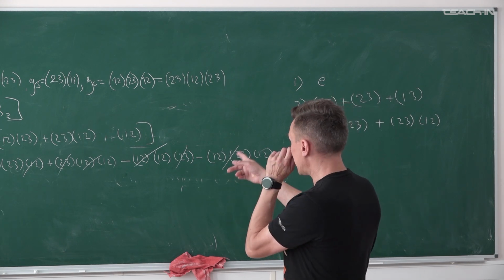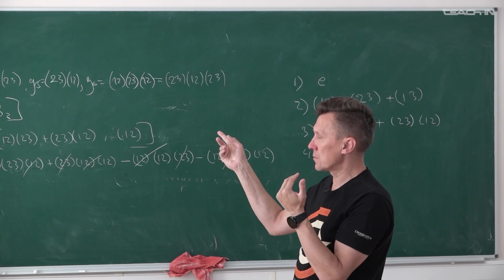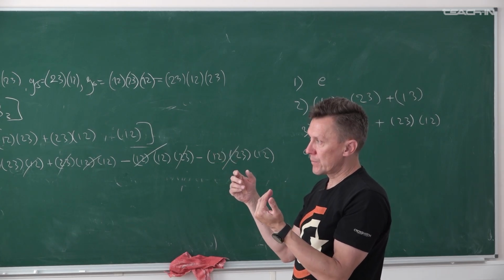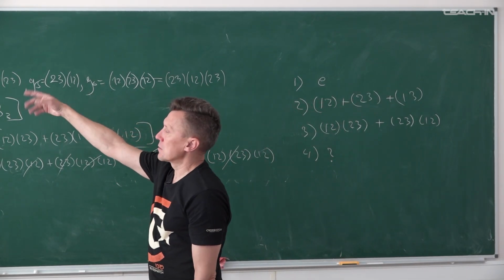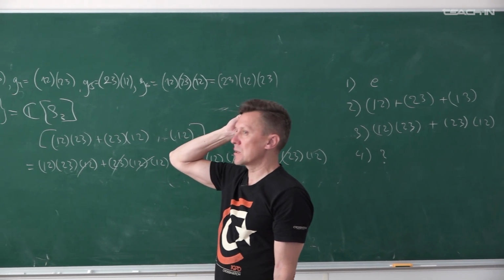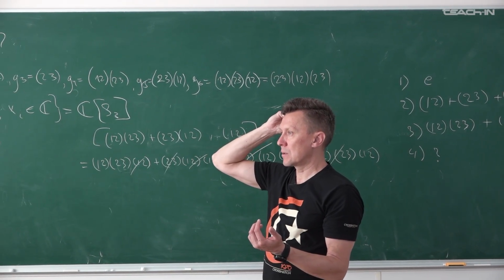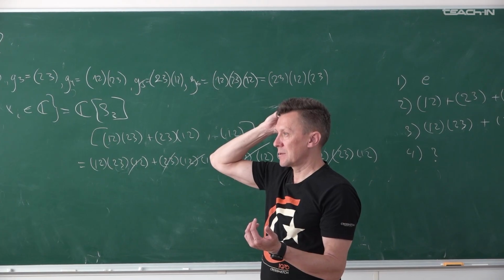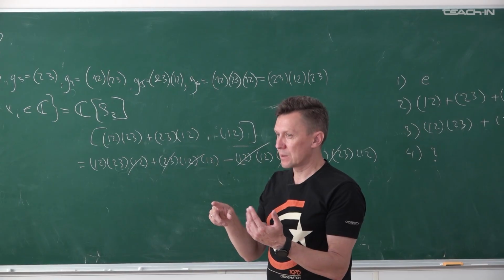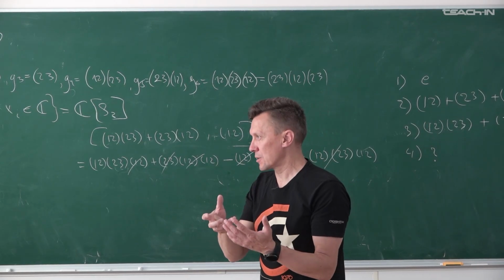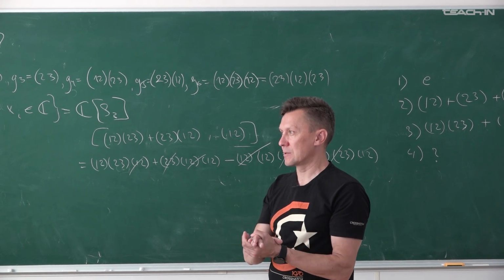So these elements lie in the same orbits in the group S3. If you conjugate a transposition by any transposition, you get another transposition. If you conjugate a cycle, a rotation, by a transposition, you also obtain a cycle.